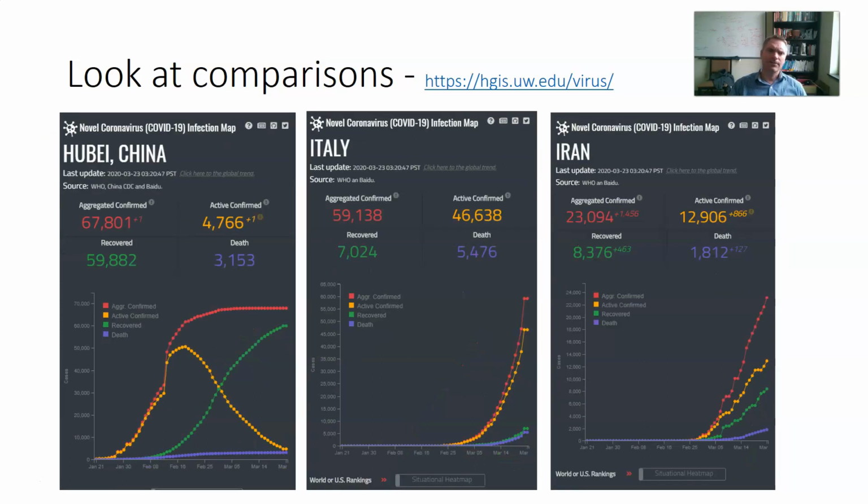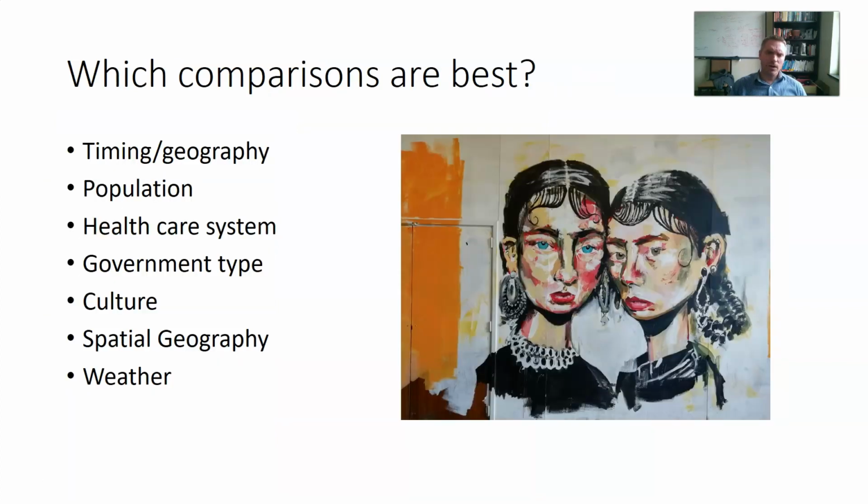As we look at these different comparisons, and there's lots more, if you go to hgis.uw.edu/virus, you can look at the data from around the world. The question then becomes, which comparisons are meaningful? Which comparisons make the most sense? We can think about timing and geography.